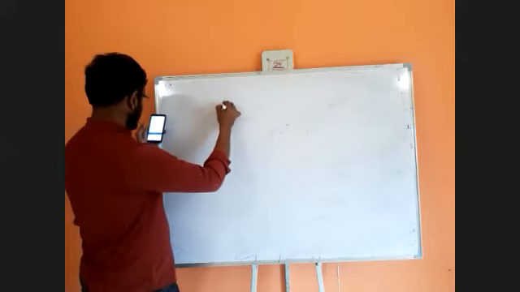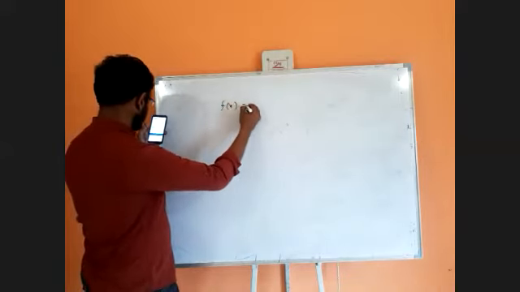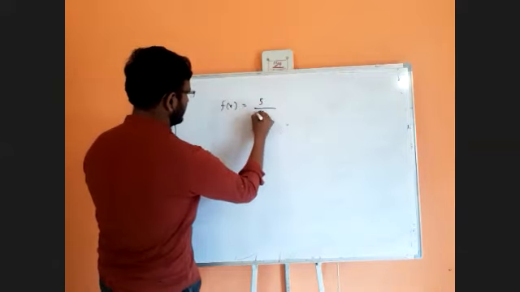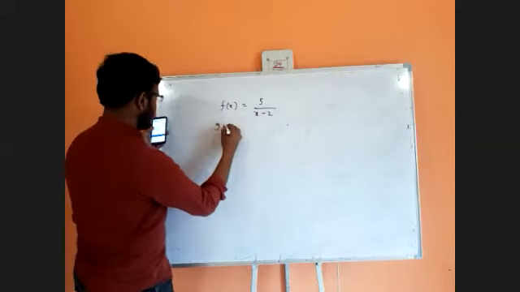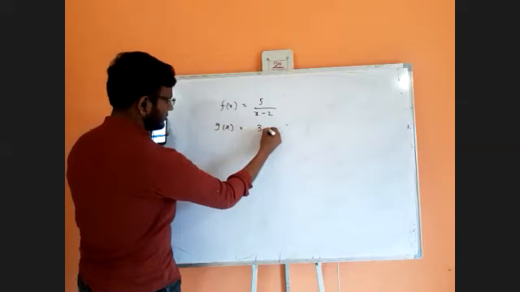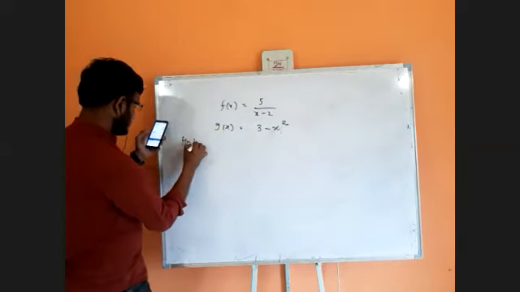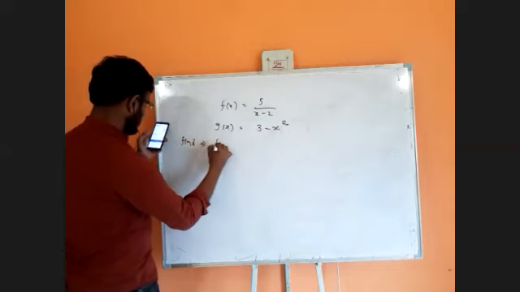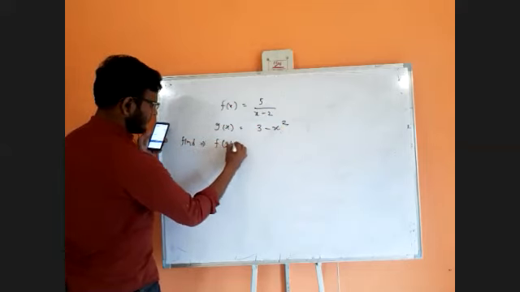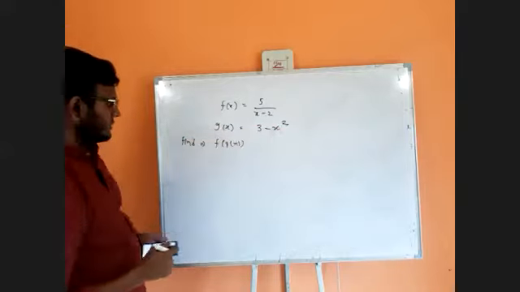So f of x is given as 5 upon x minus 2, and g of x is given as 3 minus x square. Find f of g of x. Nothing has been done differently, same concept, just the values are changed. Can you give it a try?